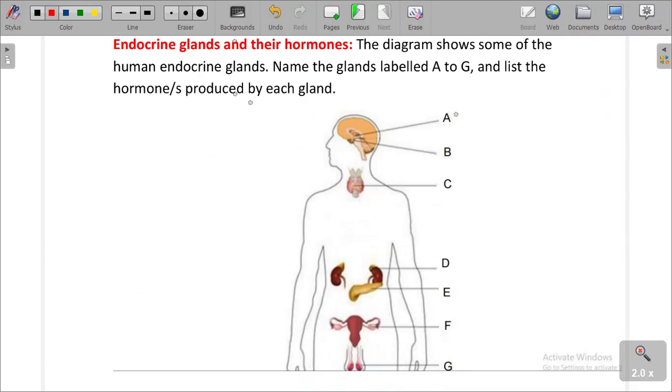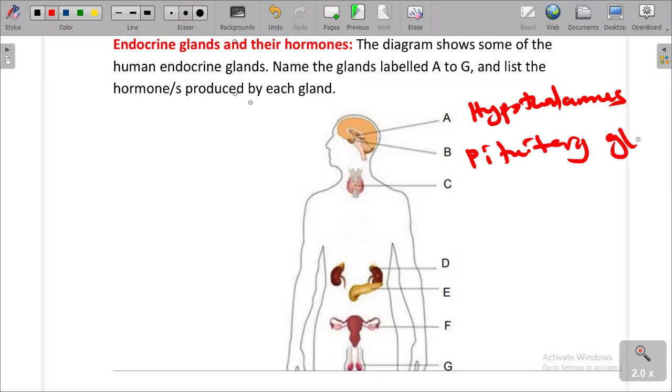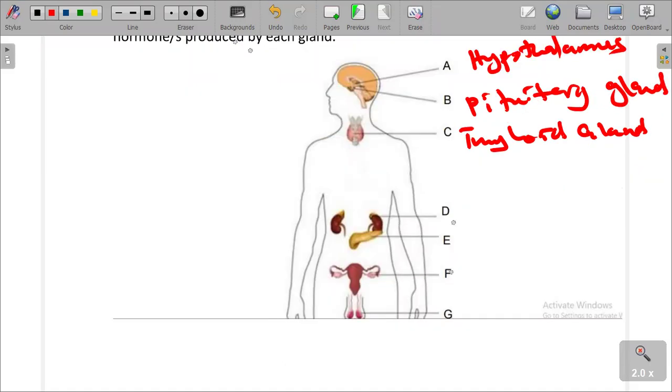We said we have the hypothalamus, the pituitary gland, the thyroid gland, the adrenal gland.